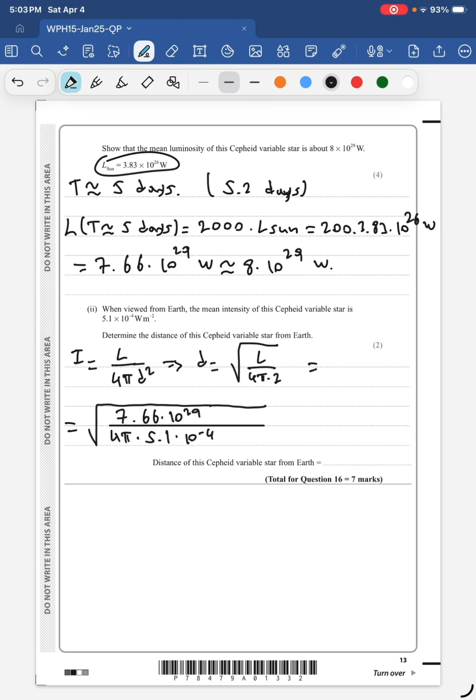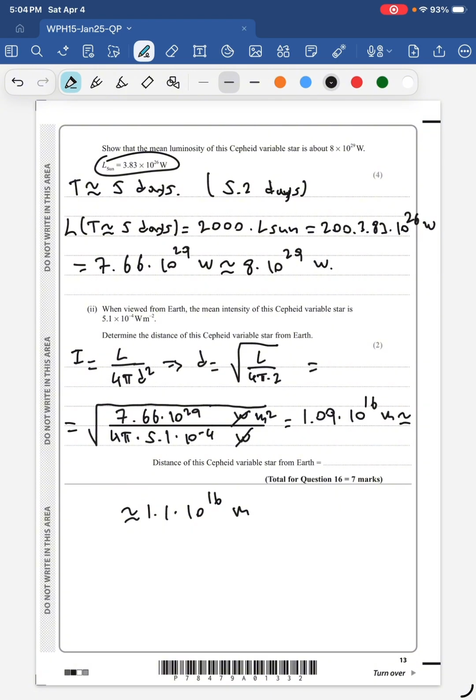The units for luminosity are watts, and for intensity is watts per square meter. So watts cancel, and we get 1.09 times 10 to the 16 meters, which is about 1.1 times 10 to the 16 meters, quite far away, okay?